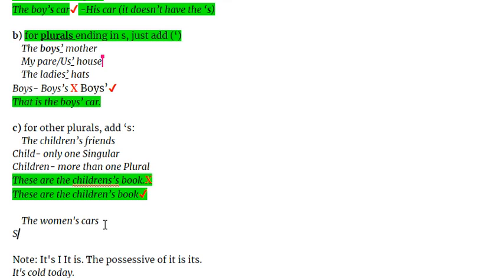Sheep. What else? Chinese. Aside from that, we also have equipment, information. So those are some of the examples that don't need to add S when talking about a plural form.